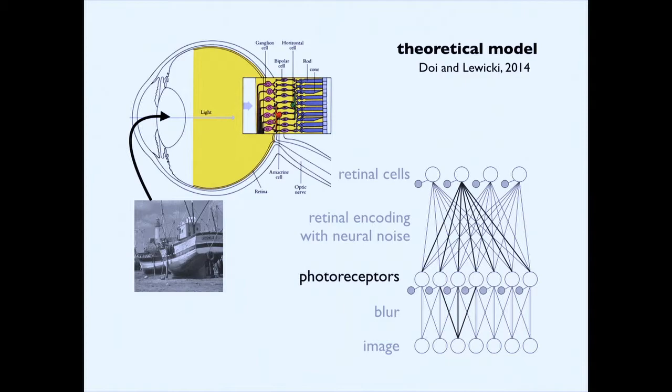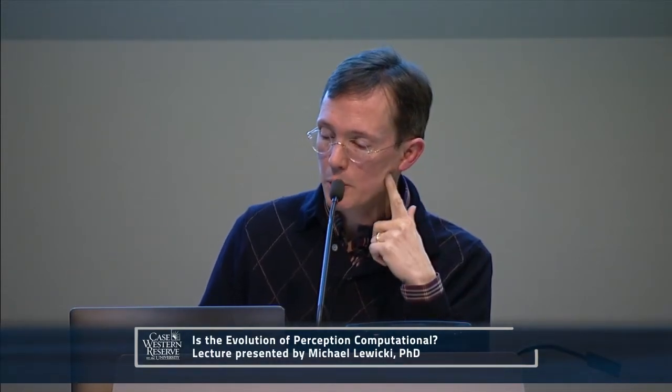Then we have the encoding, something that actually generates the code. How do we take the pattern that appears at the photoreceptors and transform that to a more efficient code that gets sent to the brain by the ganglion cells? So here's the evolutionary hypothesis, that the problem that the retina is solving, or one of the problems, is that it has to encode the visual signal in a way that's maximally efficient, that transmits the maximum amount of information to the brain.